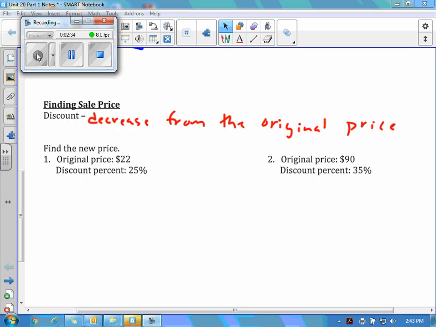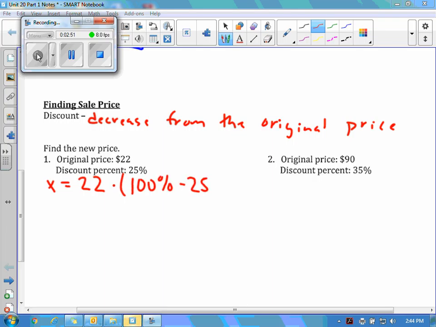So to do this, it's going to be a lot like what we did in the last unit with decreasing numbers by a percent. So my discount price, which I'm going to say is X, is going to be my original price times 100%. And since it's a discount, I'm going to subtract the 25%. So when it was a markup I added, with a discount I'm going to subtract.